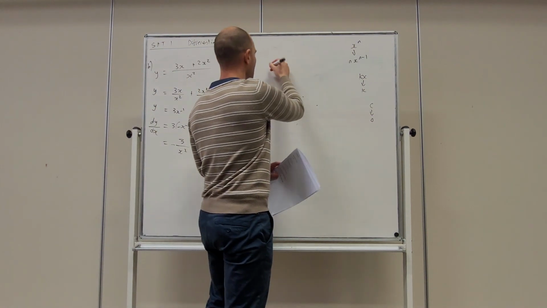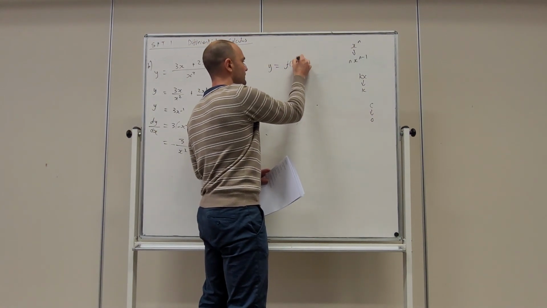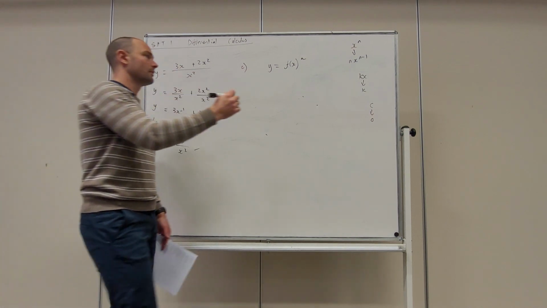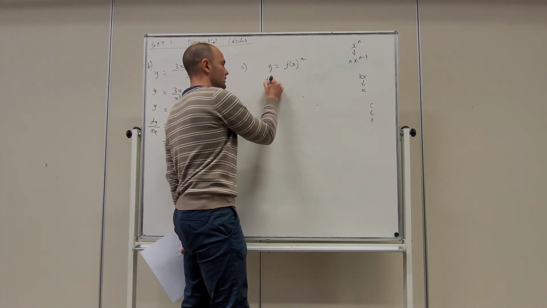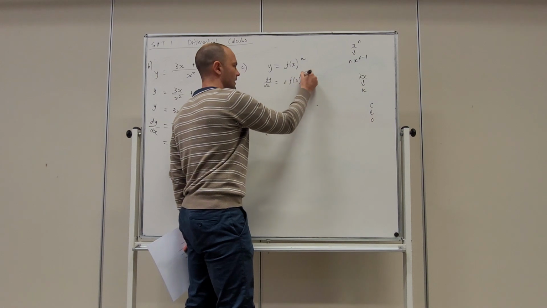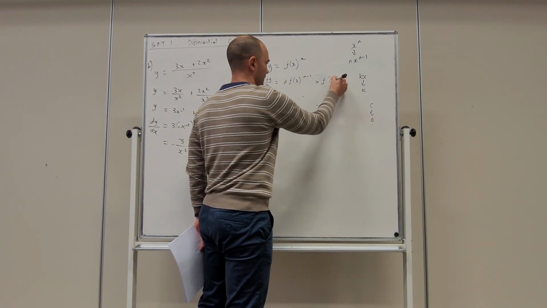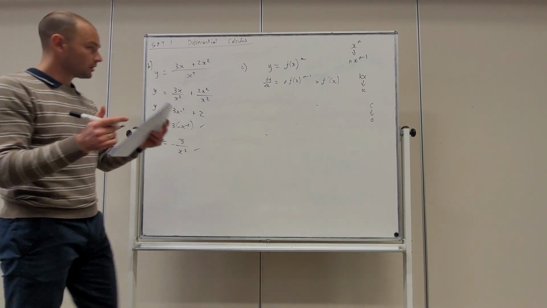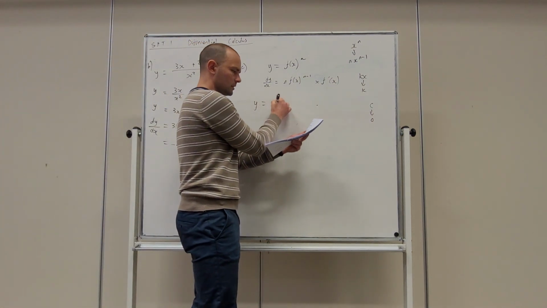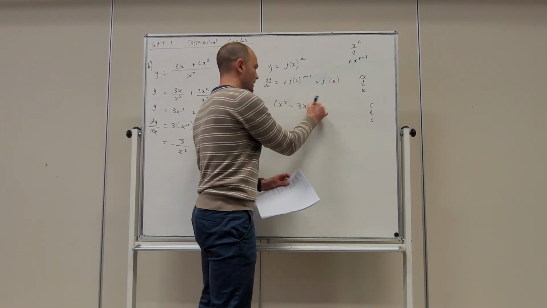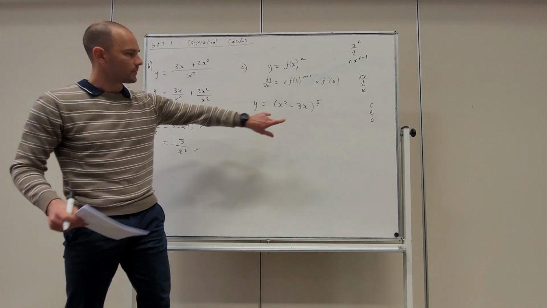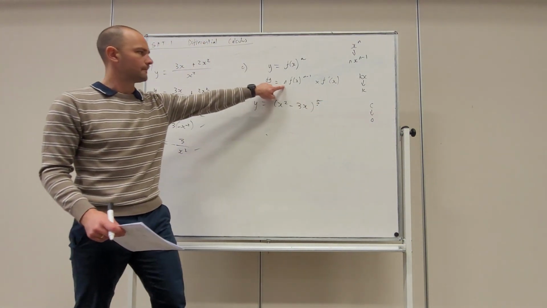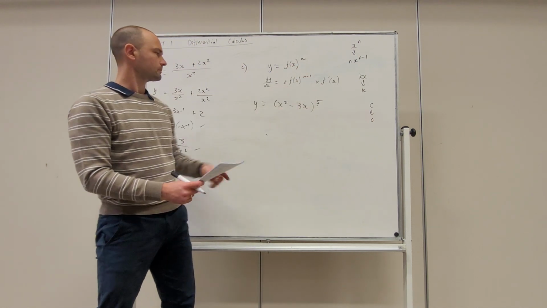And I'll just talk about the chain rule quickly. When we have a composite function, some function to the power of n, then the derivative is n f of x to the n take 1 times f dash of x. Okay, that's the chain rule. So the function that we've got then, we have y equals x squared take 3x, to the power of 5. So we have a function to the power of 5, and so we're just going to follow this rule through here.